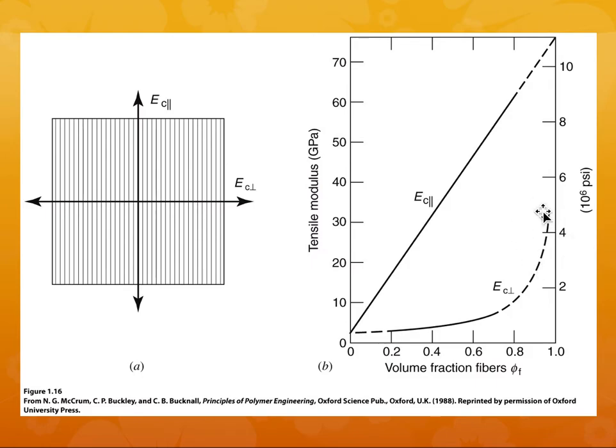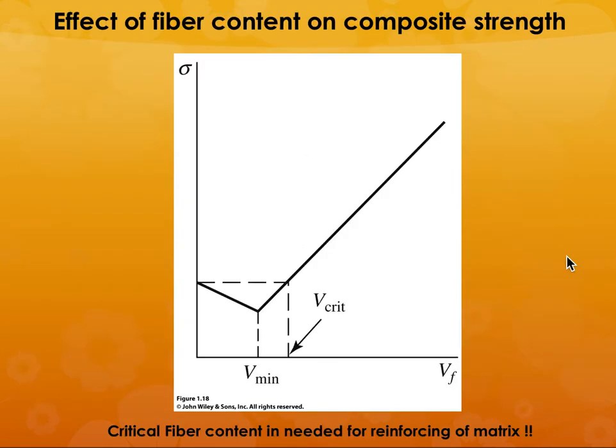So in order to get full benefit of the fiber reinforcement, you have to have more fibers aligned in the orientation of the normal loading direction, or close to the normal loading direction. So you can see that there is a critical volume fraction of the fibers that is required in order to get the benefit of the fiber reinforcement.